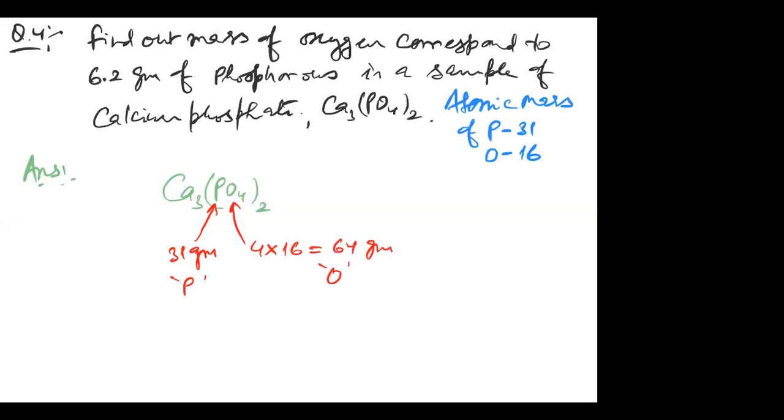So again you can apply the unitary method. For 6.2 gram of phosphorus, how much mass of oxygen is there? Mass of oxygen should be equal to 64, when the mass of phosphorus is 31, and this needs to be multiplied by 6.2.